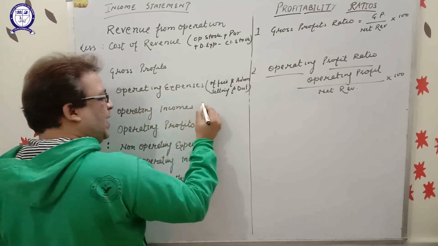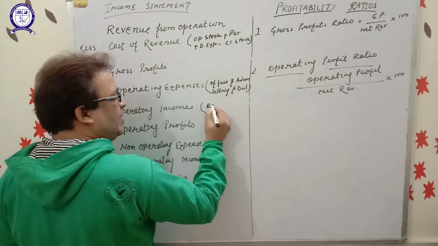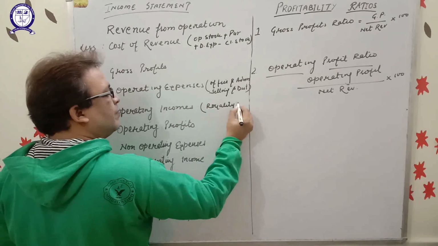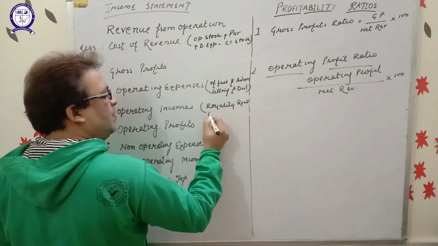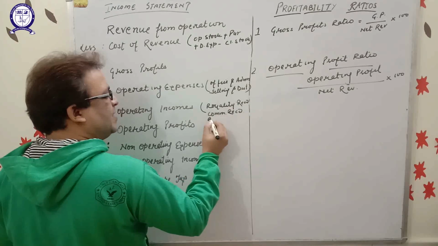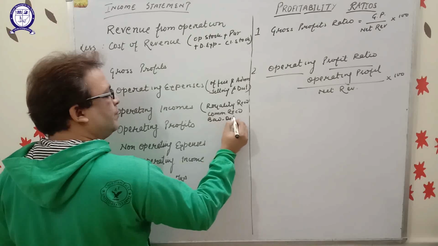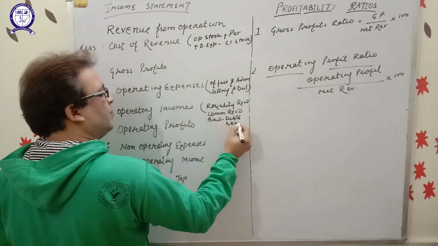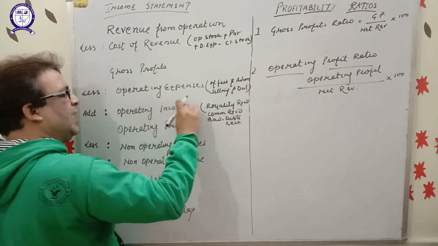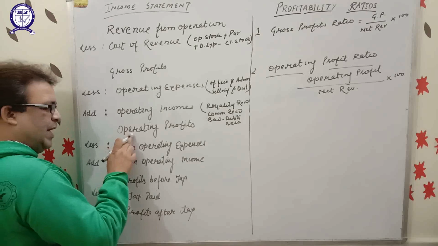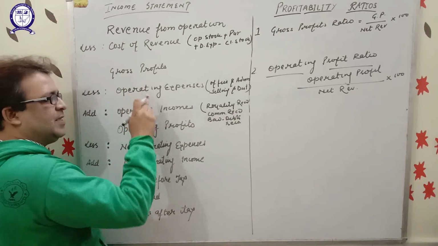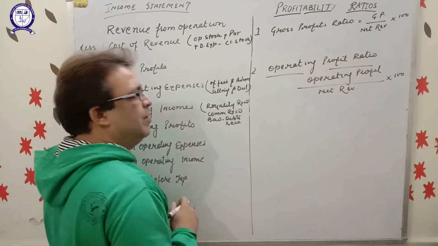Examples of operating income: royalty received, commission received, bad debts recovered. So the formula of operating profit is gross profit minus operating expenses plus operating income.